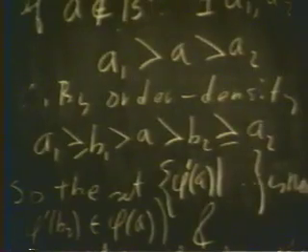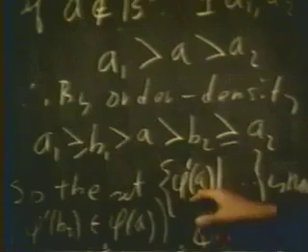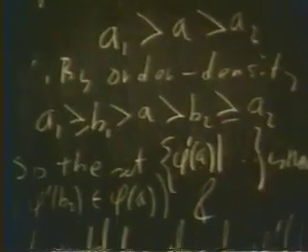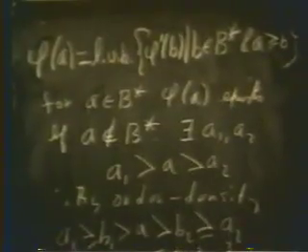So the set phi prime of A, given this condition, B in B starred and A at least as great as B, is non-empty. Why?